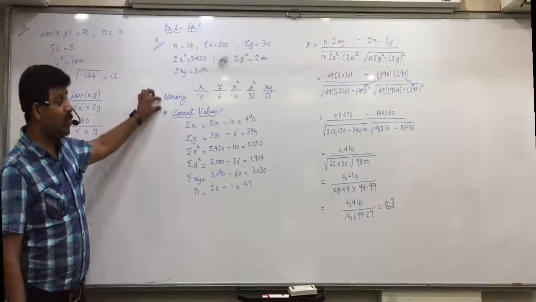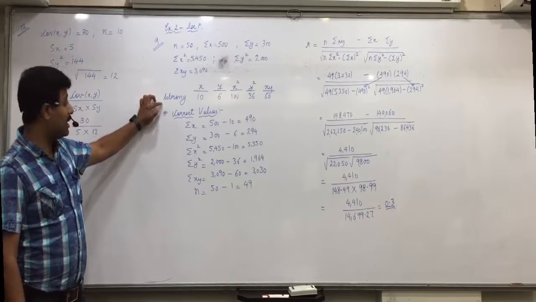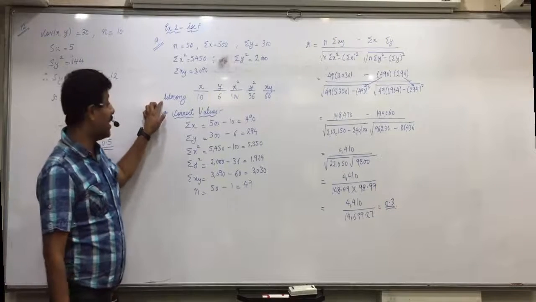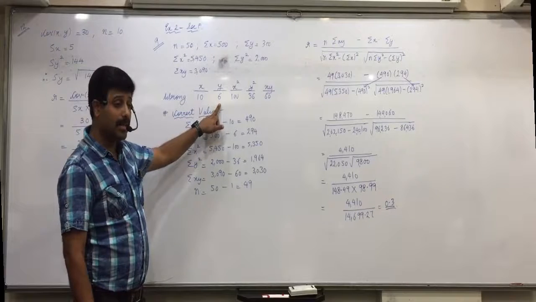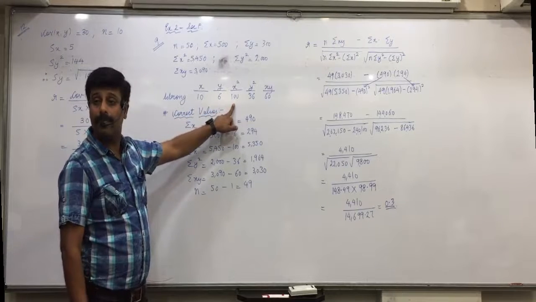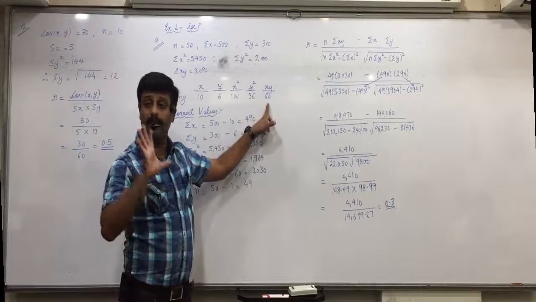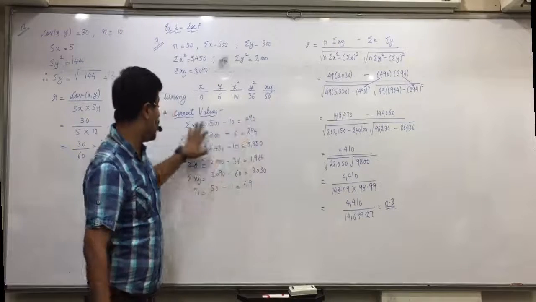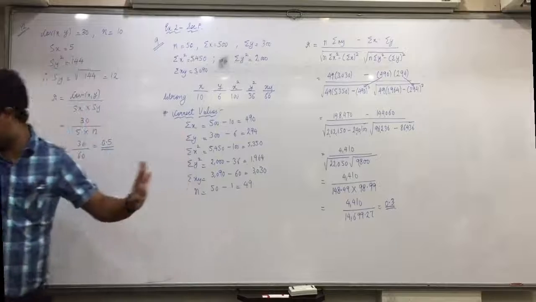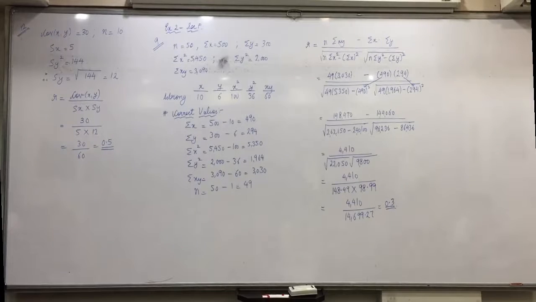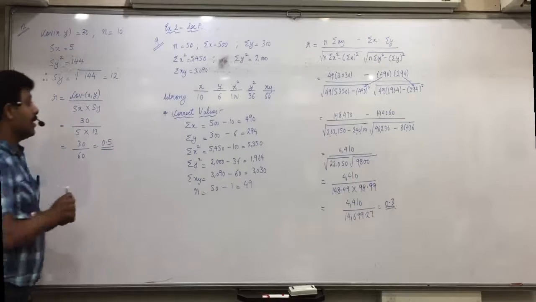So here you will write two values: one is the wrong value, and in the other you will write the correct values, 12 and 8. So 12 square, 8 square, 12 into 8. Now raise your hand, how would you obtain sigma x? I am just noting it down so that you understand what I am trying to say.